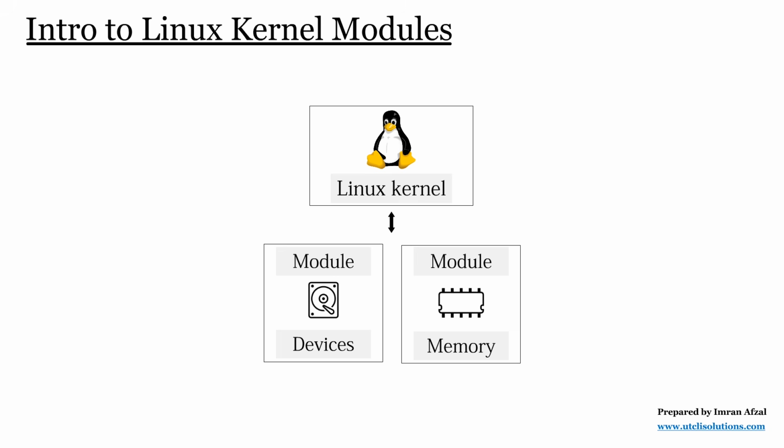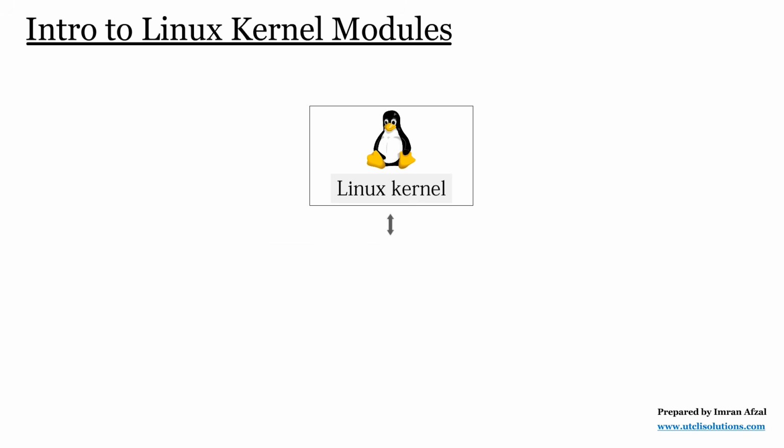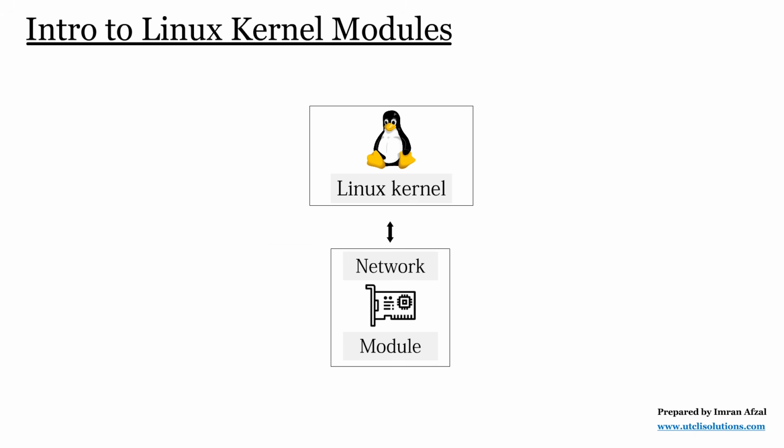Kernel modules are commonly used for hardware drivers, file system support, and network features. When new hardware is connected or a specific feature is required, the kernel requests the relevant module. In most Linux systems, this request is handled automatically using standard module management tools.